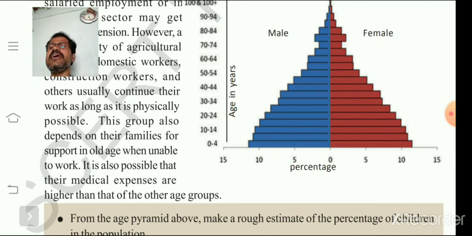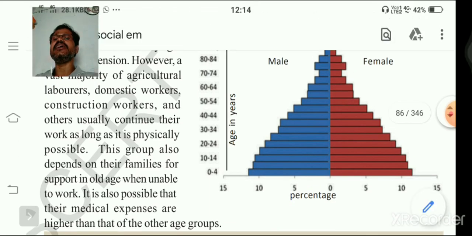So in this age, if they suffer with health problems, then their medical expenses will be high. That should be met by the working age who are providing everything to the old age, right? So that is the thing I stated. Working age is very important in the age structure upon which the children and aged group depend.